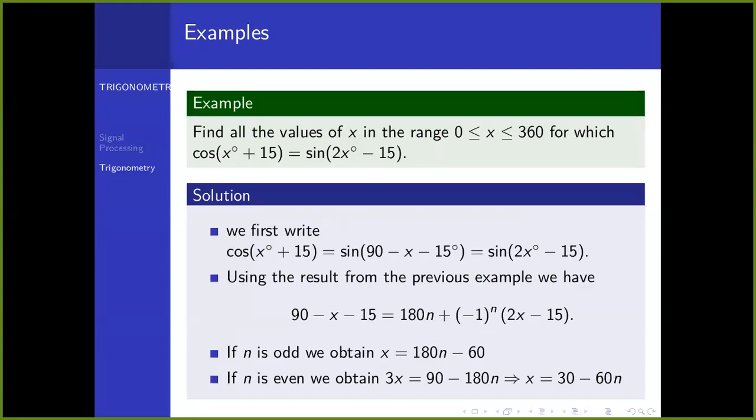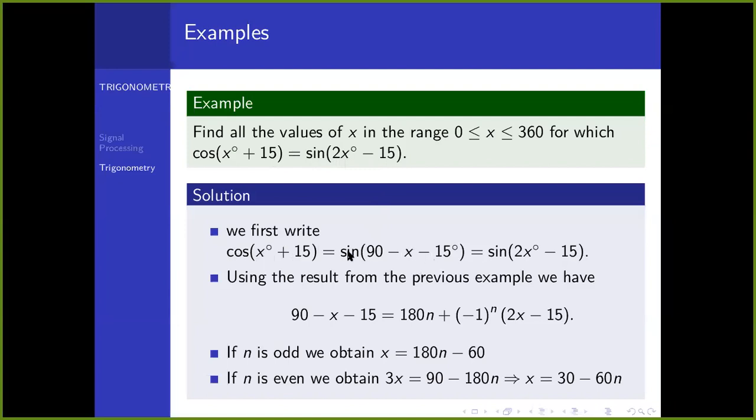We can apply the formula here. Find all the values of x in the range 0 to 360 for which cosine of x plus 15 is equal to sine of 2x minus 15. Earlier on, we know there's a relationship between the sine and the cosine, which says that the cosine of theta is the same as sine of 90 minus theta.